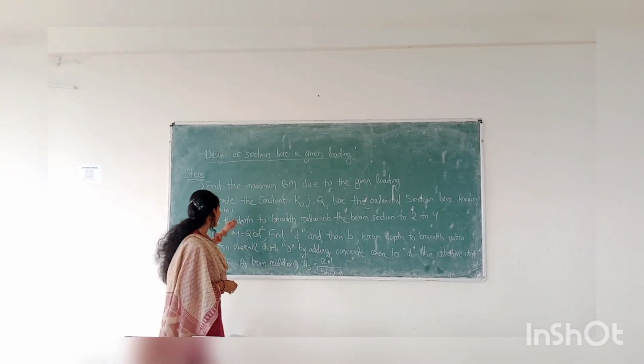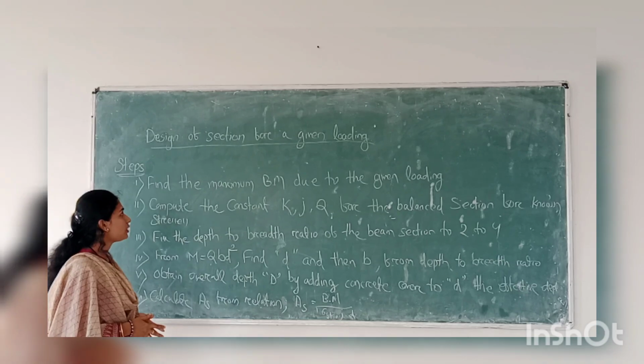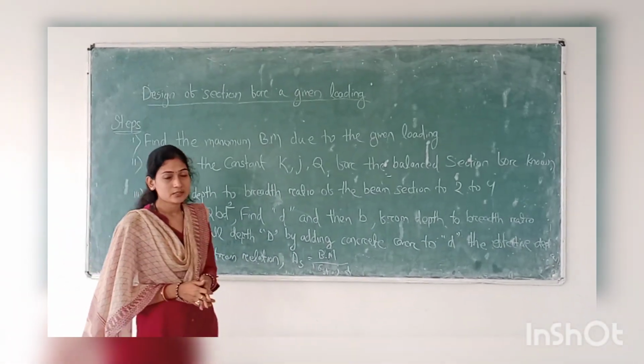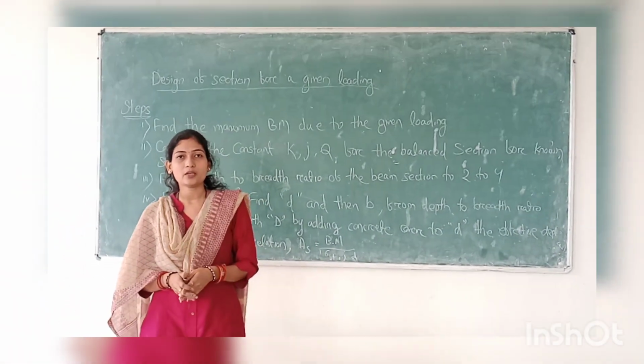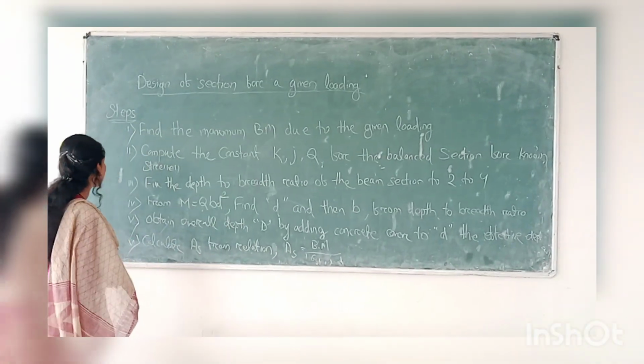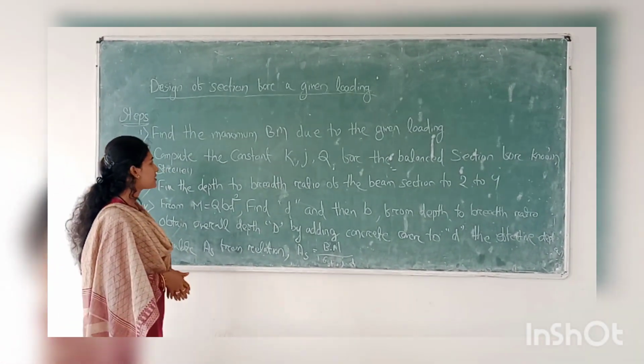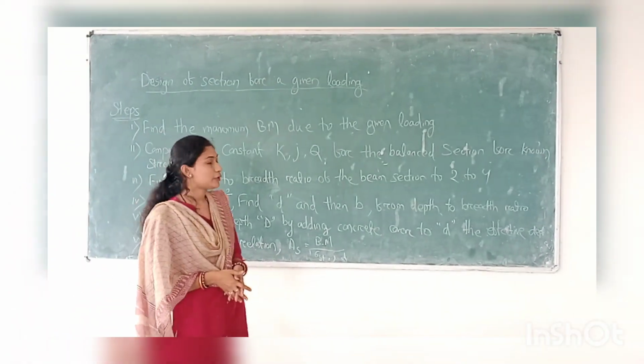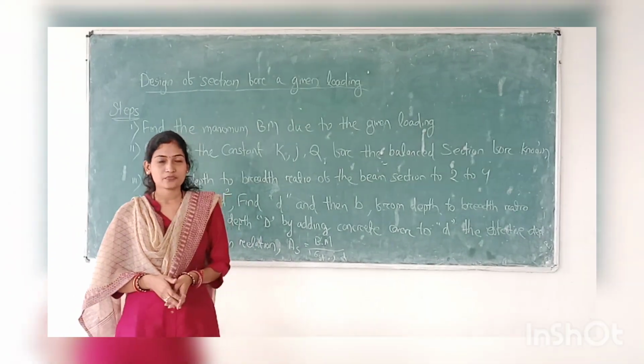So these are the steps for the design problem of a section for a given loading condition. In the first step, find the maximum bending moment due to the given loading.